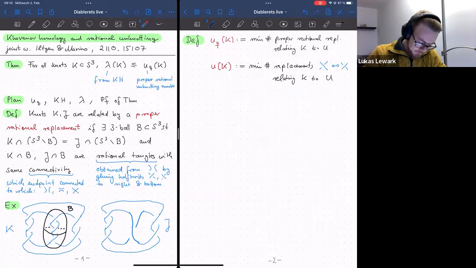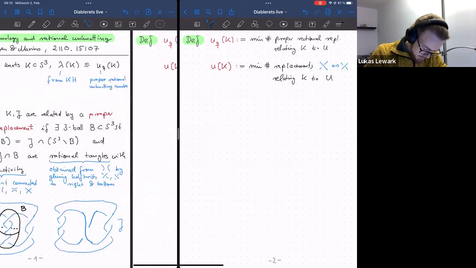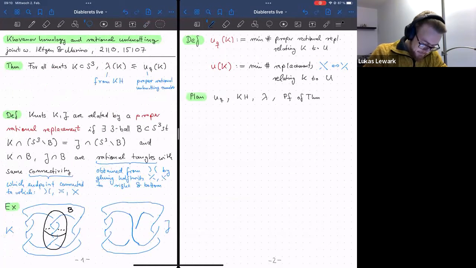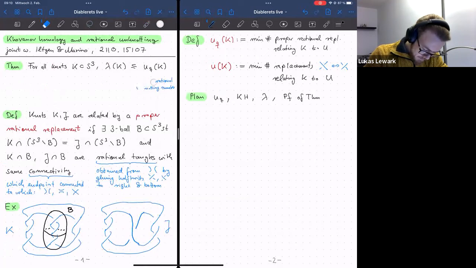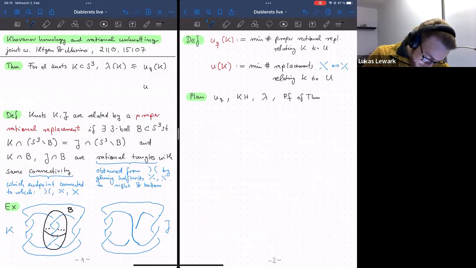All right. And so now let's have a look at the main theorem again. Let's put this here. From the definition of UQ, it's clear that the unknotting number is an upper bound for UQ.